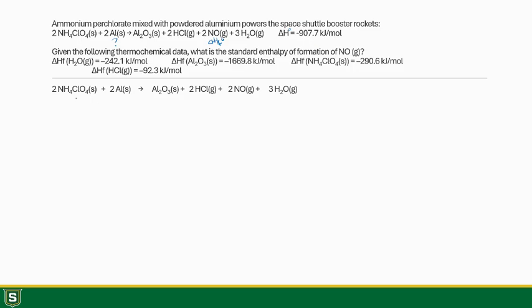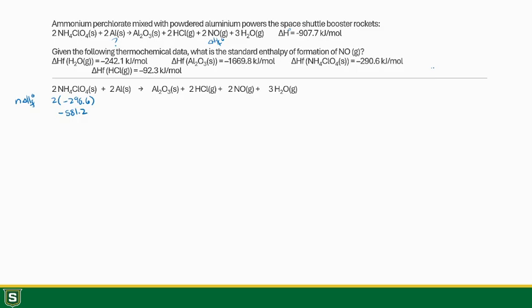So we have 2 times, I'm going to do my ΔHf terms. 2 times ammonium chlorate is negative 290.6. By the way, this is negative 581.2. It didn't give me this.